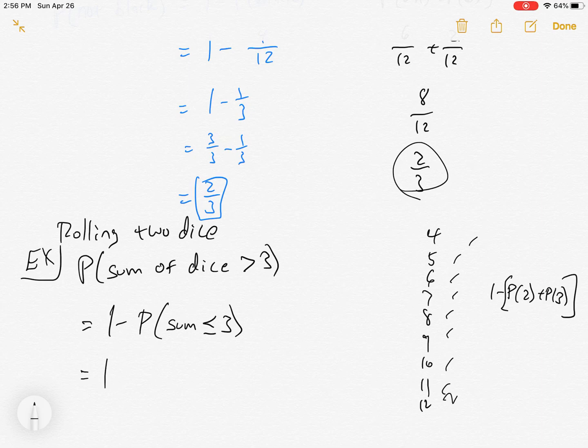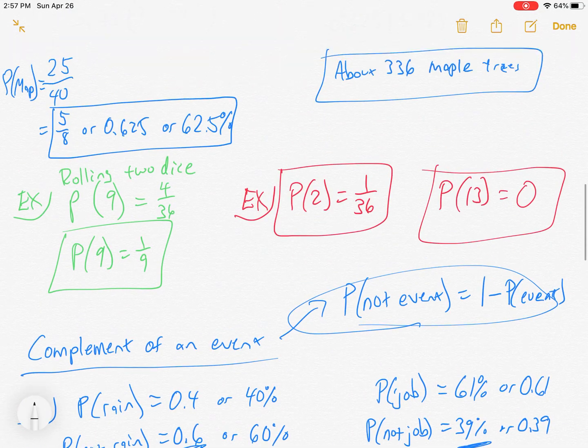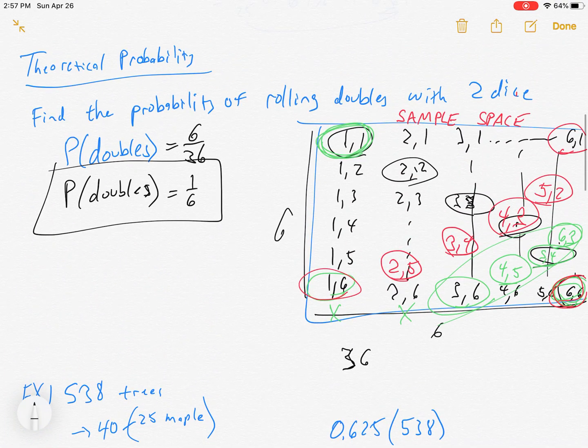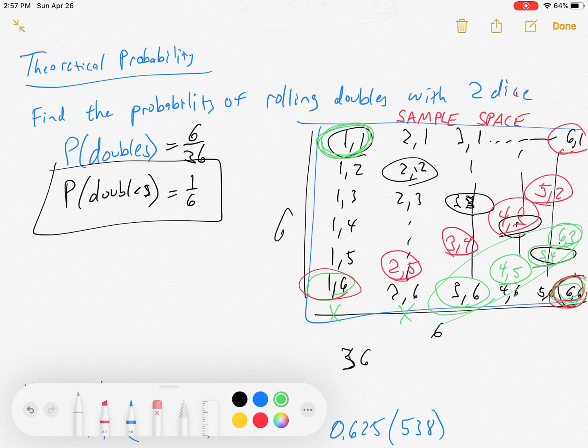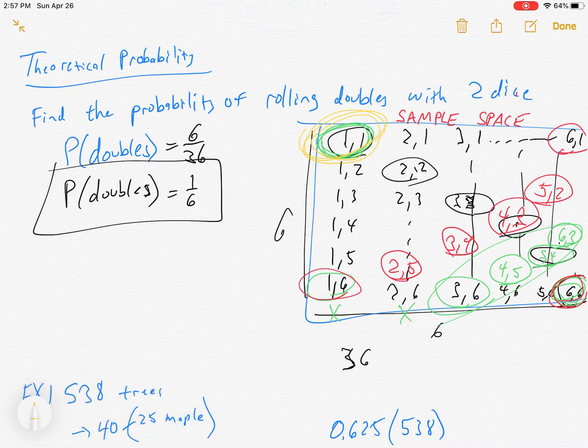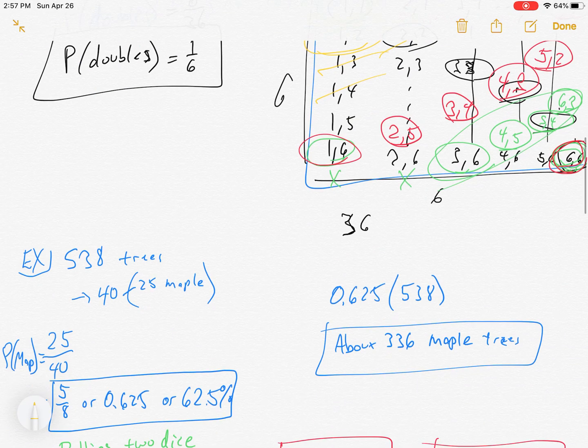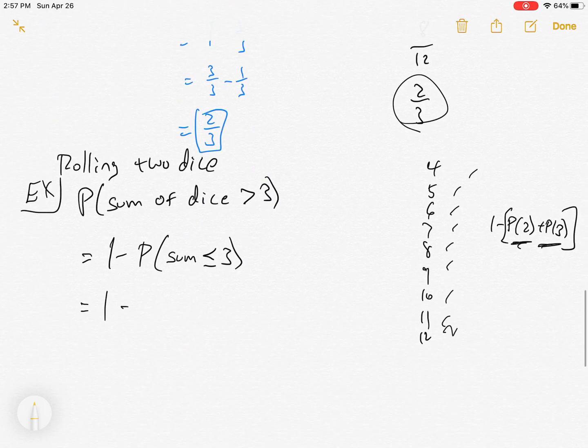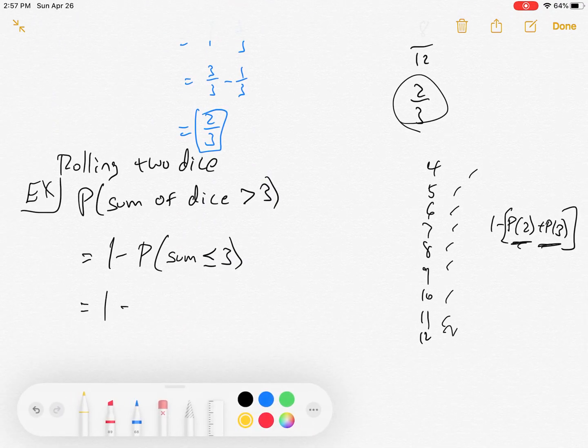It's equal to 1 minus the probability that the sum is less than or equal to 3. So I can do 1 minus the probability of getting 2 plus the probability of getting 3. Look back up at the table.